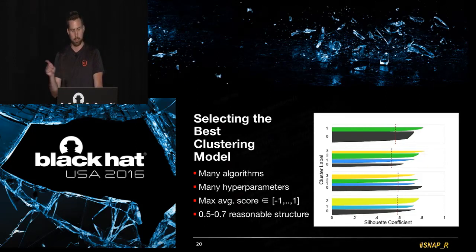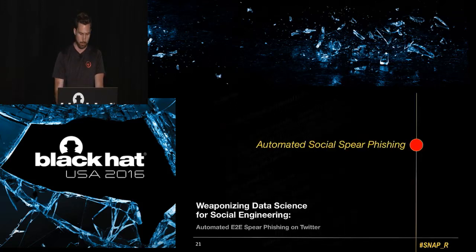Each data point has a silhouette score associated with it, and the way that we select is by this average. The dotted red line averages across all of these different silhouette scores, and that's the average silhouette score. That's basically the line that's furthest to the right in this plot. That's the algorithm and the hyperparameter that we're going to select.